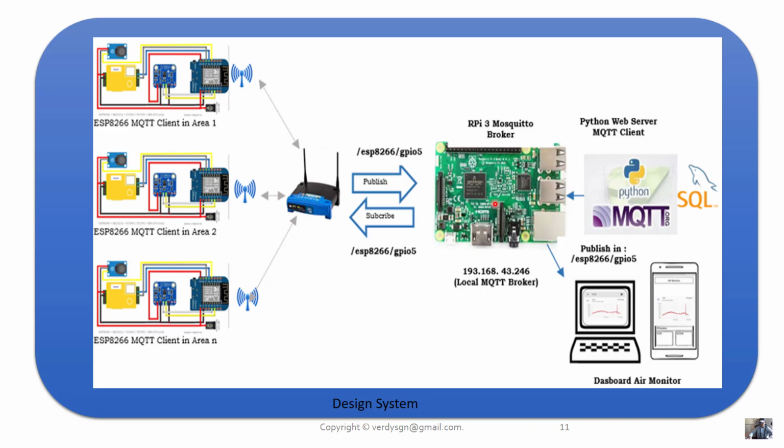And then we install on the RPI the Mosquitto broker, Python, web server, and MQTT client. We can access the data and monitor the data of temperature, carbon monoxide, and carbon dioxide.